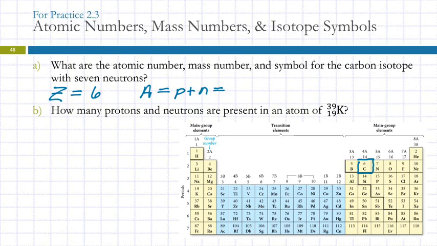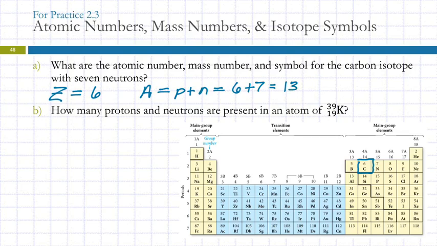So we find from the periodic table 6 protons, and we add 7 because the question tells us there's 7 neutrons. So 6 plus 7, last I checked, was 13. So that's the mass number.